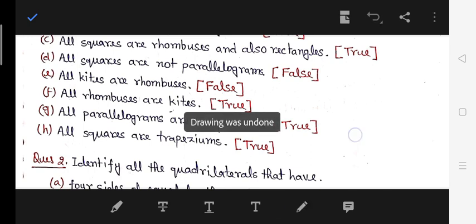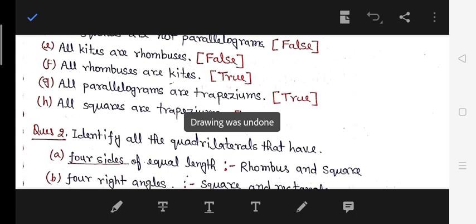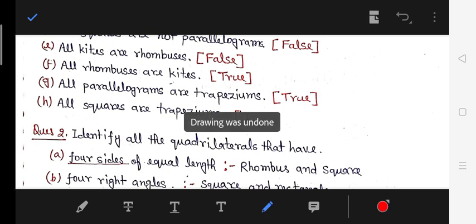Now next, all parallelograms are trapezium. So students, I had given the definition of the trapezium. A trapezium is a quadrilateral in which at least one pair of opposite sides should be parallel. And if you are going to draw a parallelogram, it will be like this.